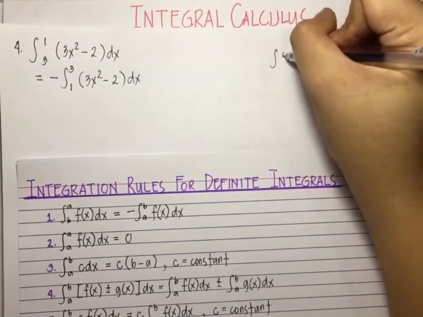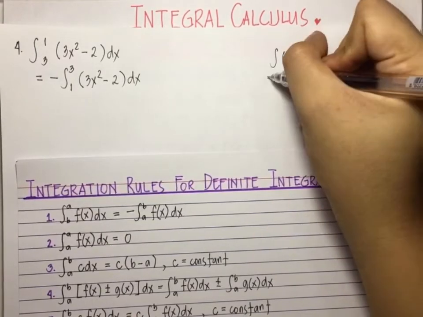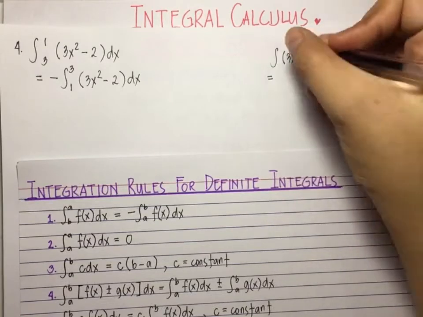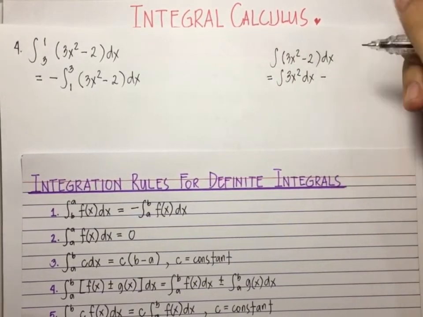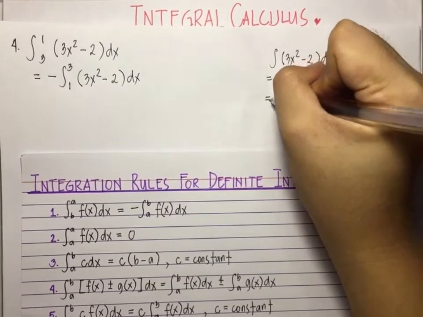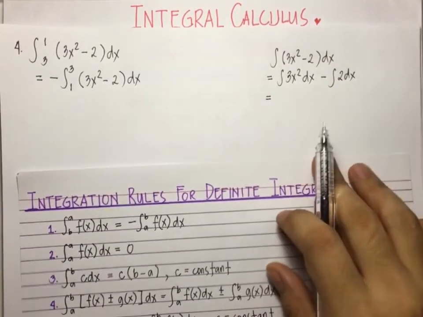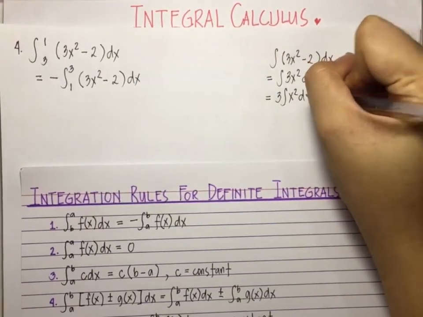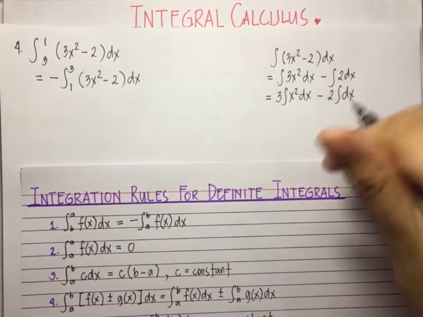So the integral of 3x squared minus 2 times dx is equal to, we first integrate each term separately, so integral of 3x squared dx minus integral of 2 dx equals, take the constants out of the integrals, so 3 times the integral of x squared dx minus 2 times the integral of dx.